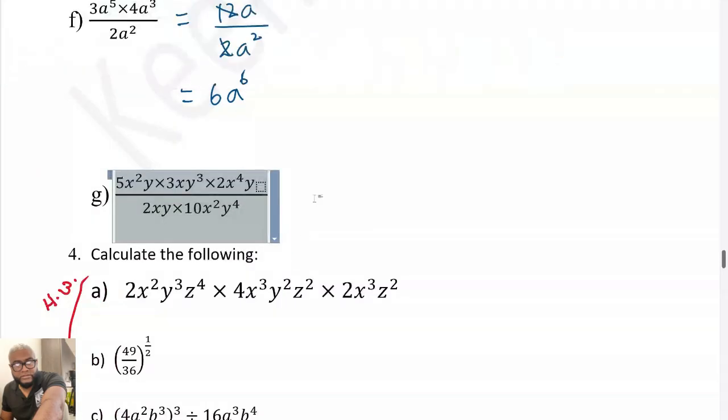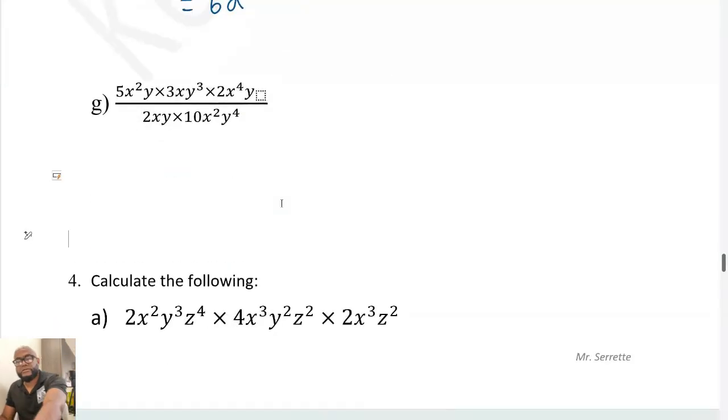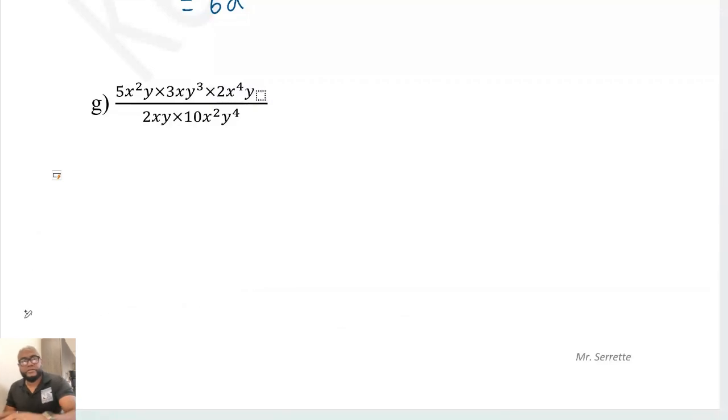So is this ready? Right. We're working out the numerator, right? So let me deal with the whole numbers first. 5 by 3 by 2 is what? 30. And then let's deal with the x's, right?